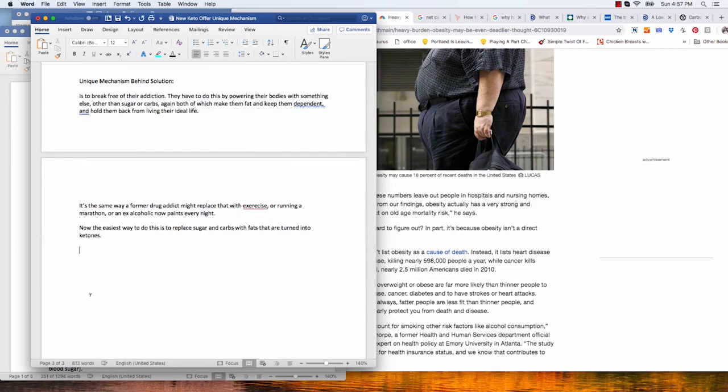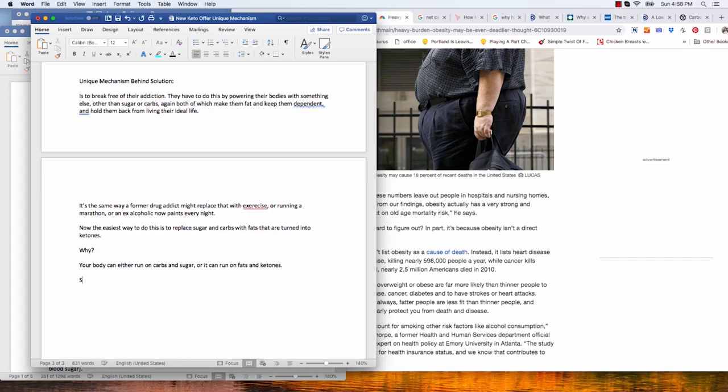And at this point, you have to get into the science of stuff, right? So why? Ketones. The body can either run on sugar or run on fats. This isn't perfect scientifically, but whatever. Your body can either run on sugar and carbs or run on fats and ketones.